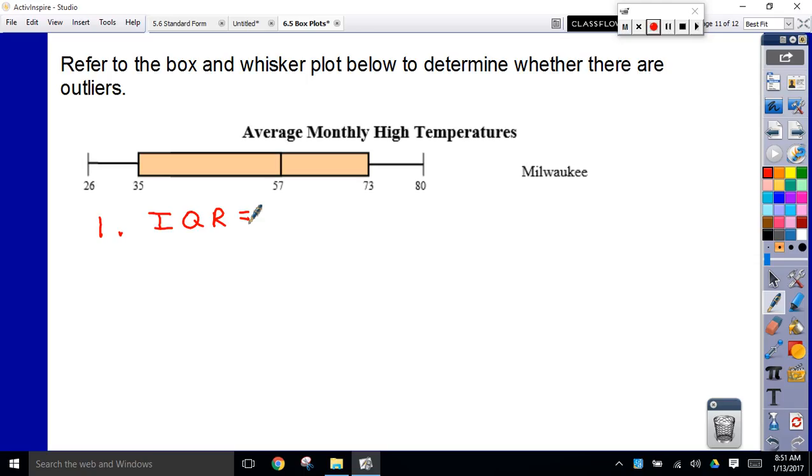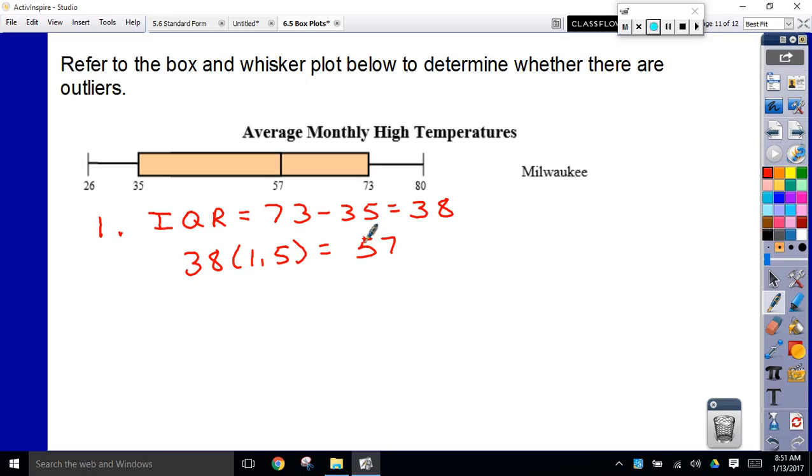The interquartile range is 38. 73 minus 35 is 38. Okay, now we're going to take our interquartile range and multiply it by 1.5. So you have to think about 38 adding on half of 38. So 38 times 1.5 works out to be 57.